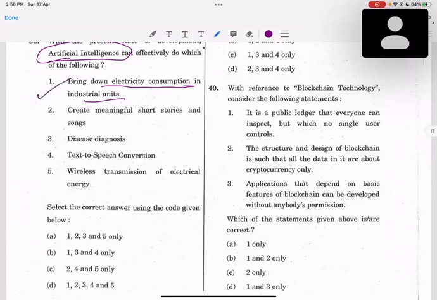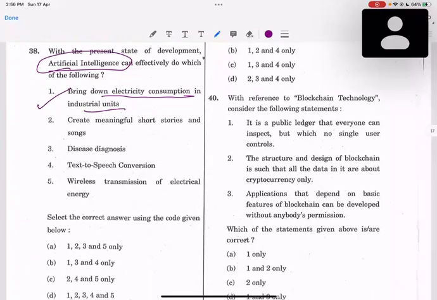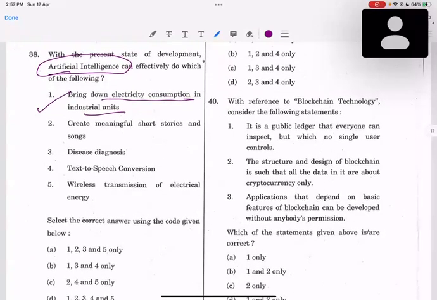And create meaningful short stories and songs, yes, they can. Then disease diagnosis, yes. Then text to speech conversion, yes. Then wireless transmission of electrical energy, yes. Even AI is being used in this also.